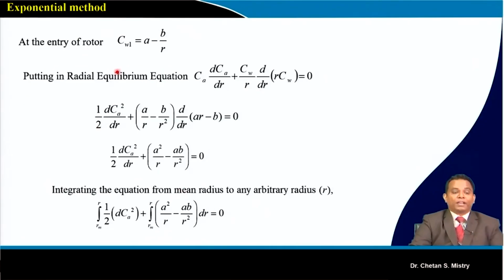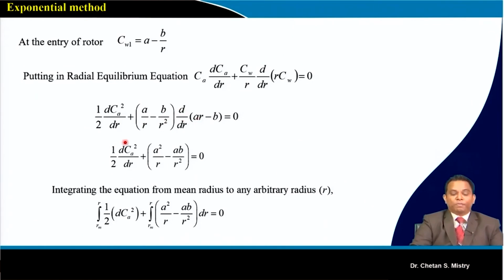Suppose I consider at the entry my CW1, which I am writing as A minus B by R. In this equation, since my CW1 is changing, I need to calculate what is happening with my axial velocity. So if I simplify this equation, it will come as 1/2 dCa square by dr plus A minus B, A by R minus B by R square, into this formula.